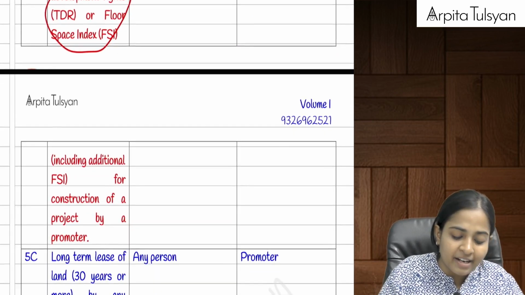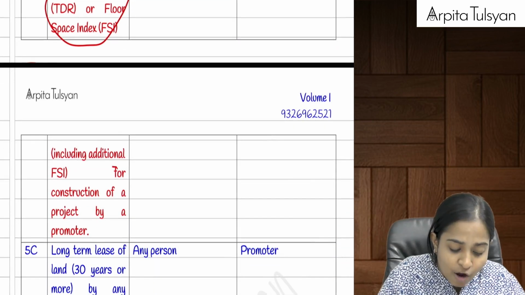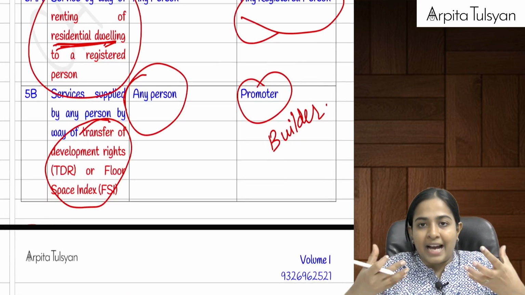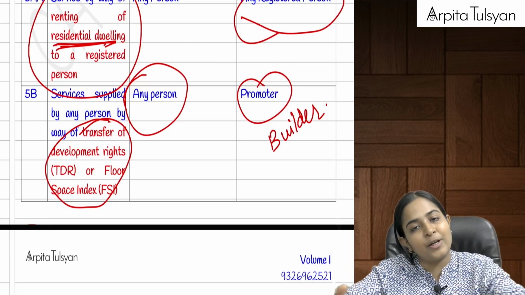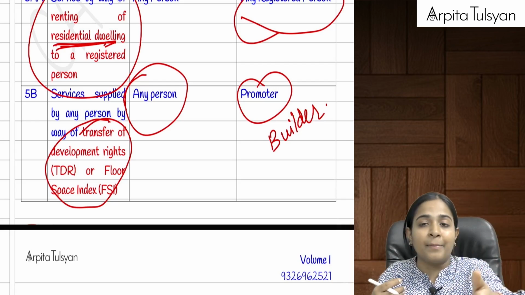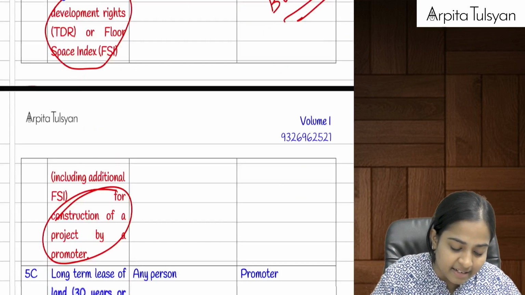Or if I am giving a floor space index to enhance the building, etc., for construction of a project by a promoter, then I am providing the services and I am going to get something in return. I am the supplier, and the promoter, the builder, becomes the recipient. In that case, the responsibility to pay the taxes lies on the builder, right?